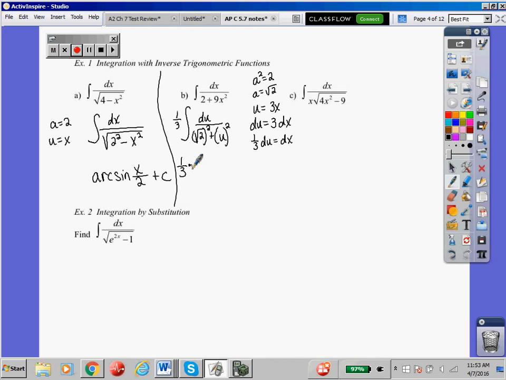I've got my 1/3. It's just a constant, but number 2 says 1 over a. So that's 1 over the square root of 2, arctangent, and it says u over a. Well, u is 3x, and a is the square root of 2. So all I'm really doing is figuring out how to plug everything in, okay? So we're going to tidy this up and say that's 1 over 3 square root 2, arctan, and we're not rationalizing, okay? This is hard enough. We don't need to worry about rationalizing. So that'll be my final answer.